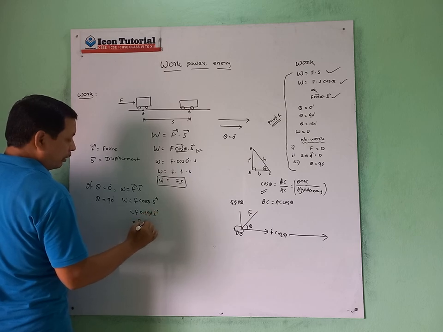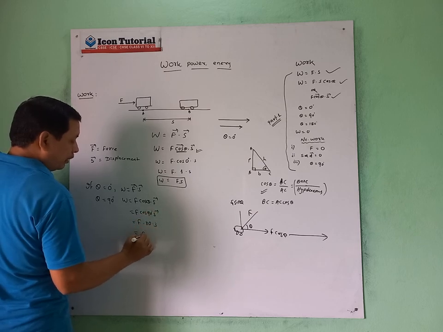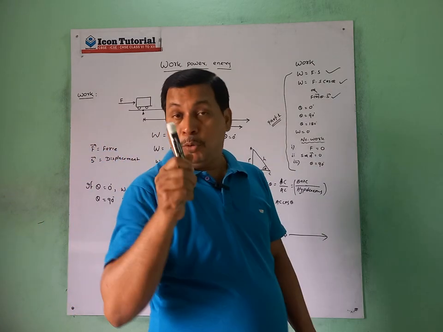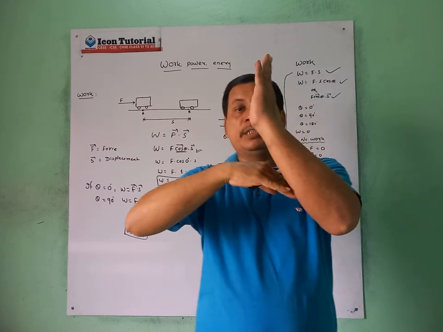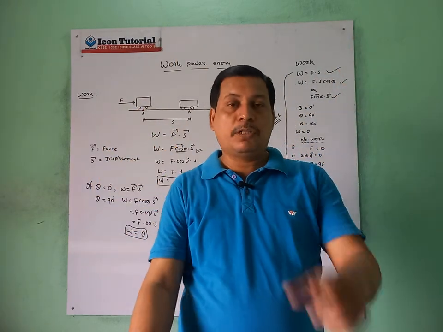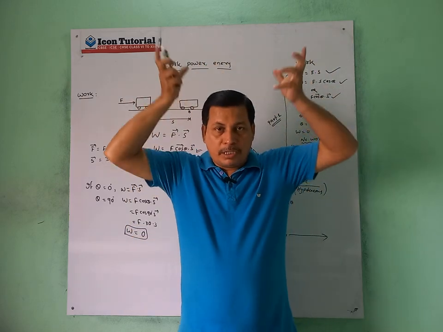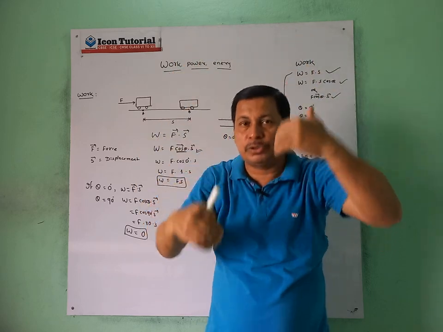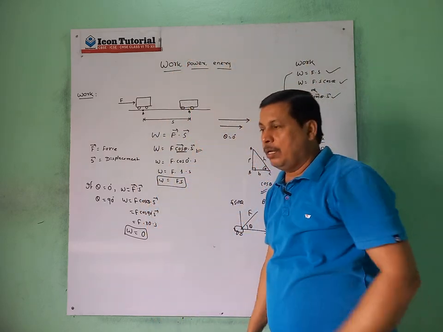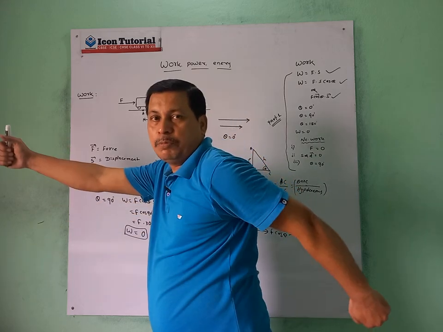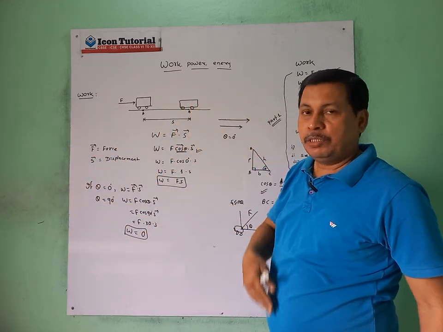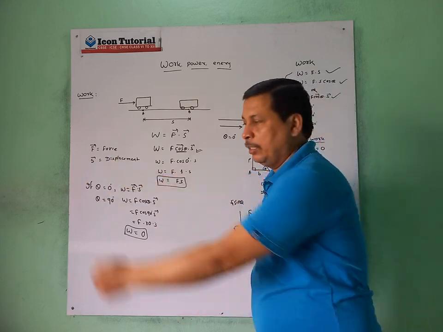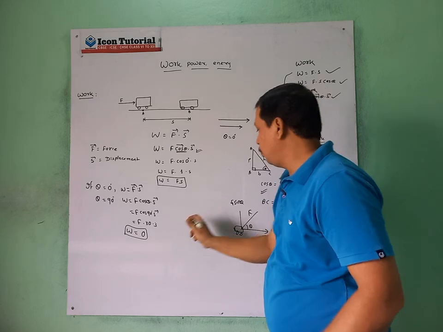So finally F cos 90 is 0, into S, finally 0. So W is equal to 0. That means force and displacement are perpendicular. Suppose imagine a coolie carrying luggage. The force acting on the luggage is acting downward, but the pulley is moving horizontally, in the perpendicular direction.